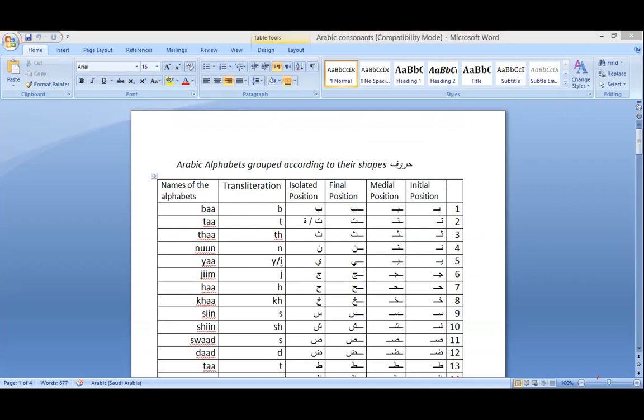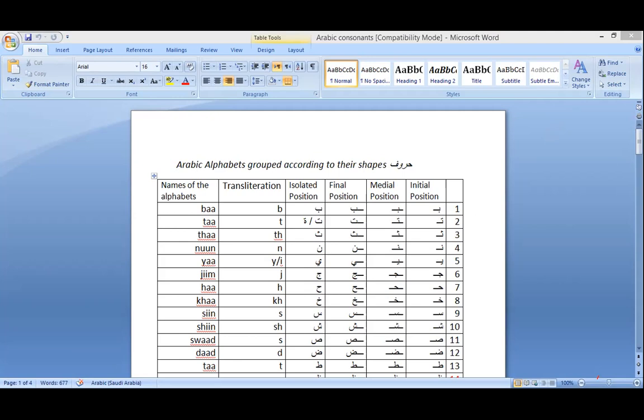Okay. Now we discussed the isolated position of all the 28 letters. And remember we said isolated means the letter is not connected to any other letter either before or after it. It's a letter left alone with no other letter joined to it.